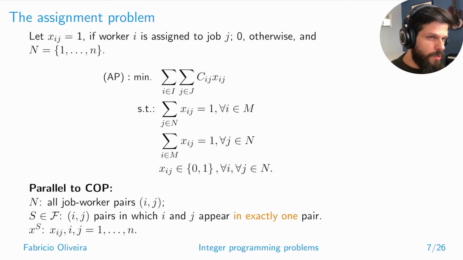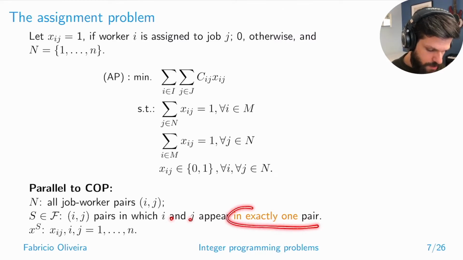So you should think, what would be our set N? Our set N would be all possible pairs of workers and jobs. So (1,1), (1,2), (1,3), (1,4), (2,1), (2,2), (2,3), and so on. And the feasible set F, meaning the feasible subsets for this problem, are those in which every i and j appears in exactly one pair.